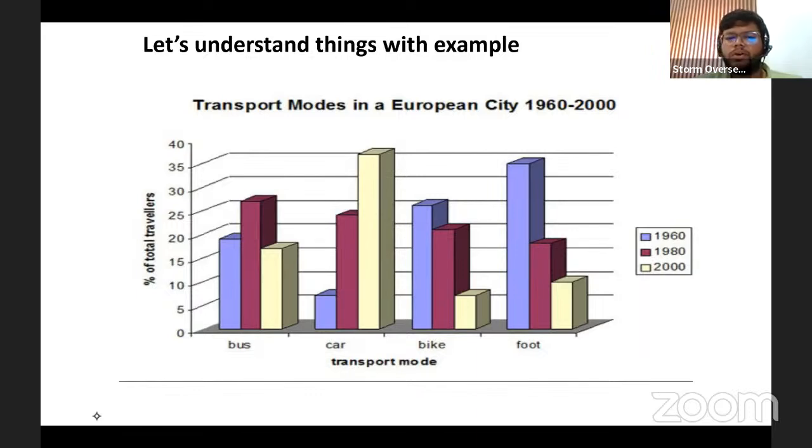So we can say about trend or highest and lowest values, but we need to find out what those values are. If I talk about the year 2000, this is the highest, and if I talk about the lowest of the car, then it is this one.